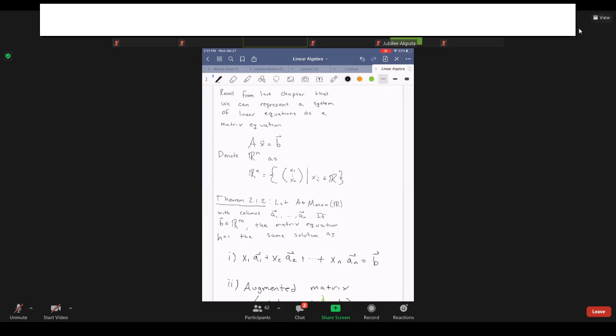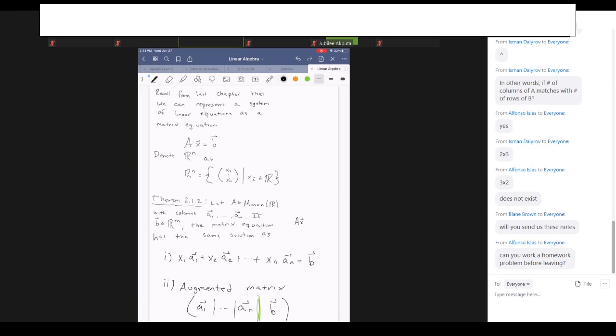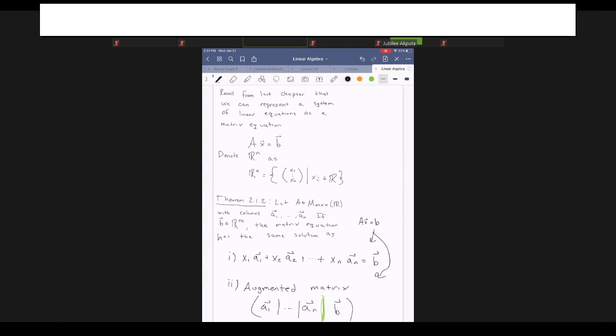Again, what's the theorem asking you? If you have the matrix equation AX equals B, make it look like these two. That's basically all I'm asking. Get that matrix equation and make it look like those two somehow.